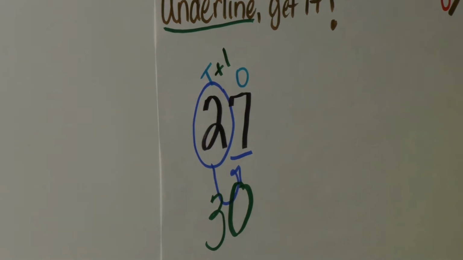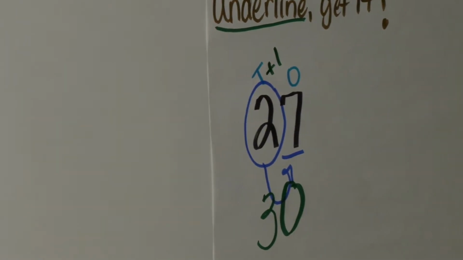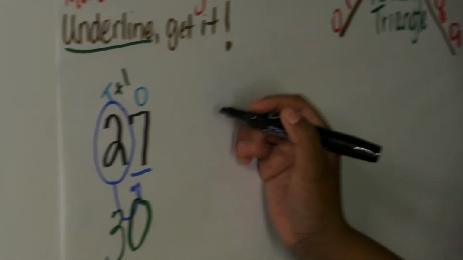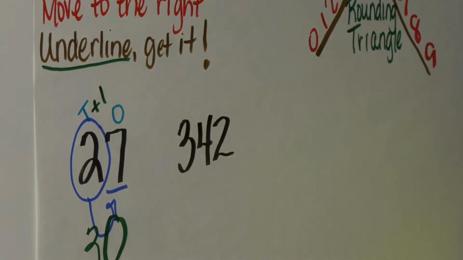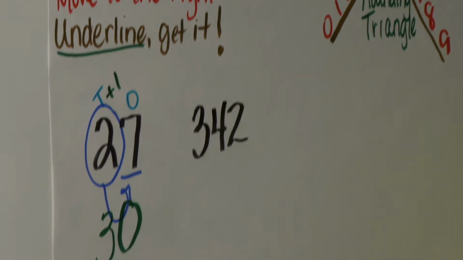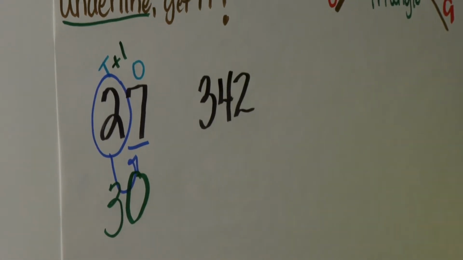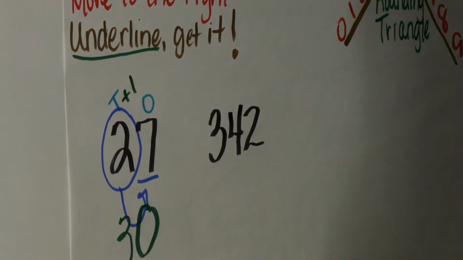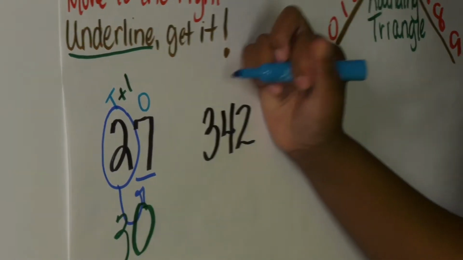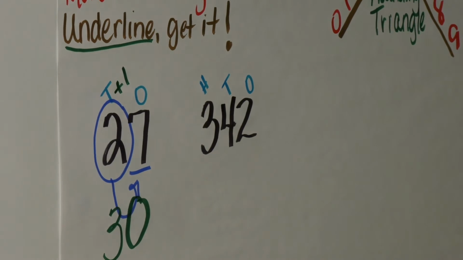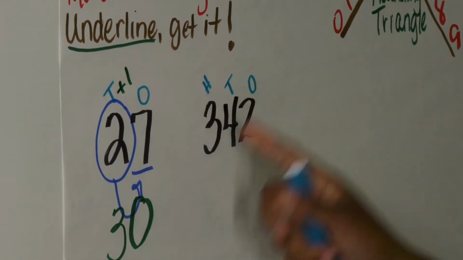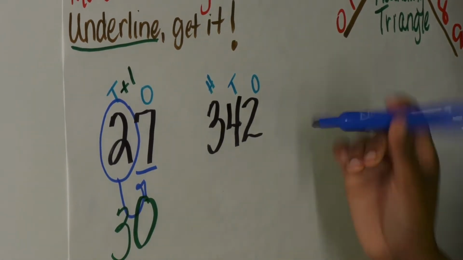Now let's look at a 3-digit number. Okay, let's say we have the number 342. And the direction said round to the nearest hundreds. Know your place value first. Let's label them. We have hundreds, tens, ones. If I'm rounding to the nearest hundreds, that's the place value that I want to circle.